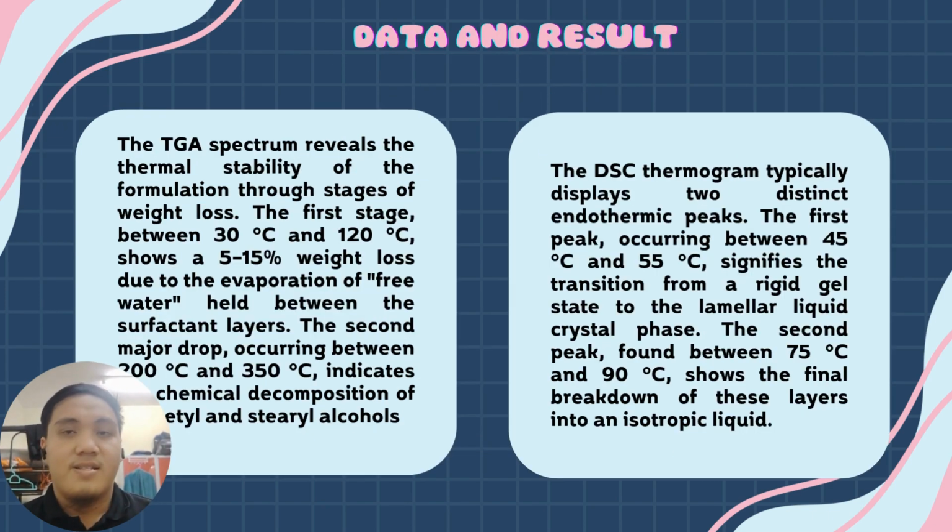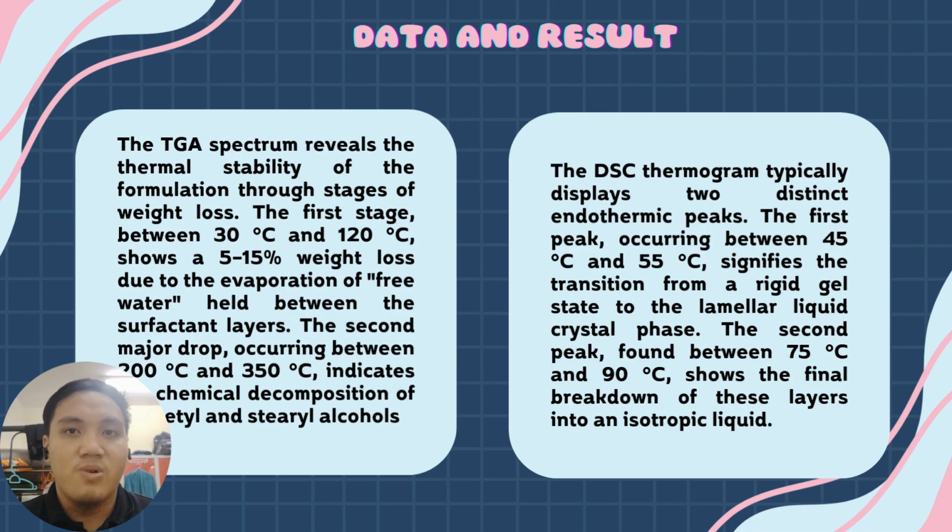Here is what the data tell us. The TGA spectrum reveals thermal stability through weight loss stages. We see an initial drop of 5 to 15% between 30 and 120 degrees Celsius, caused by the evaporation of free water between surfactant layers. A second major drop between 200 and 350 degrees indicates the chemical decomposition of cetyl and stearyl alcohols.